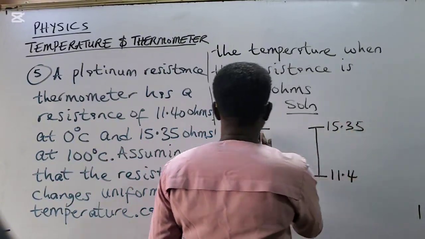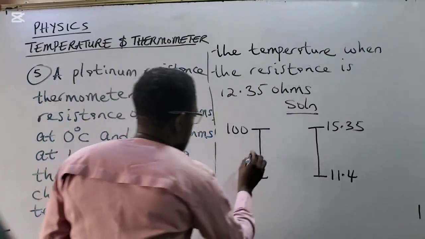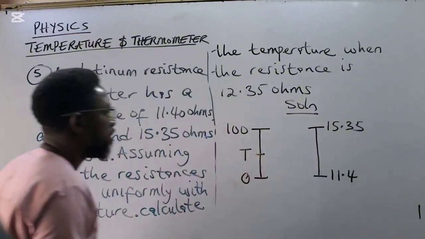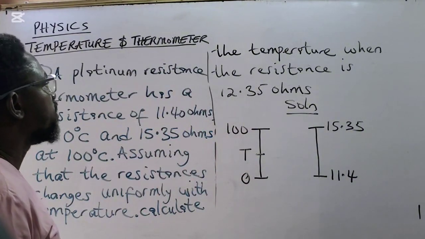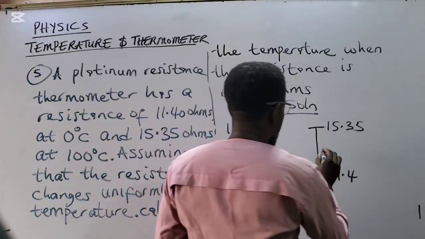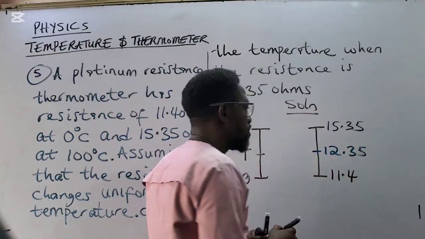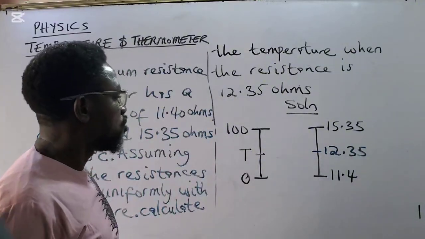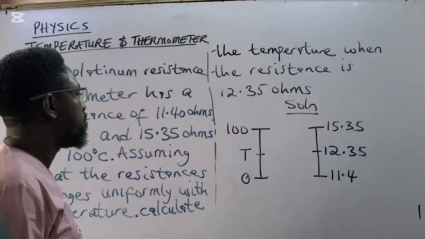Then you are asked to calculate the temperature, which is this one now. Put your T at a point there: the temperature when the resistance is 12.35. Once you have drawn this figure, you can actually calculate the temperature.